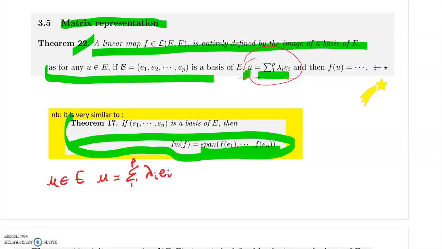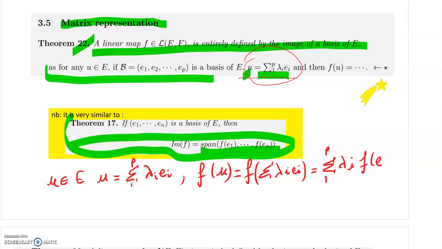Okay, that's how we can express U. So when I want to apply F, my linear map, to vector U, it's the same thing as F of the sum of lambda I EI. Okay, and using linearity, it comes very naturally that this is going to be the linear combination of the images: the sum from 1 to P of lambda I F of EI.